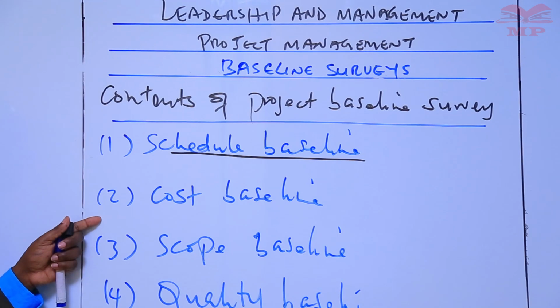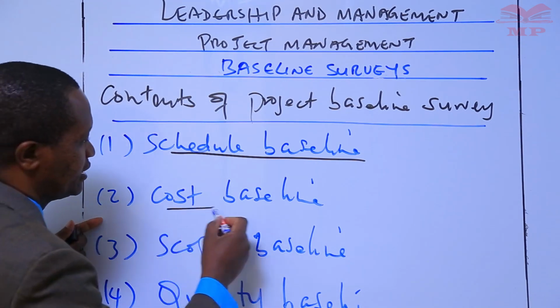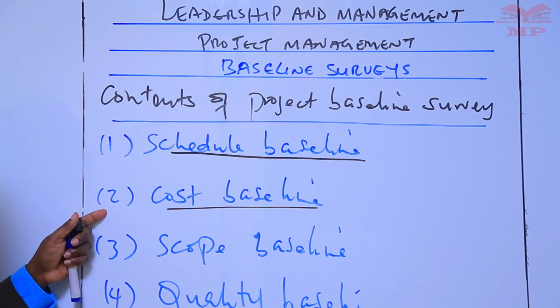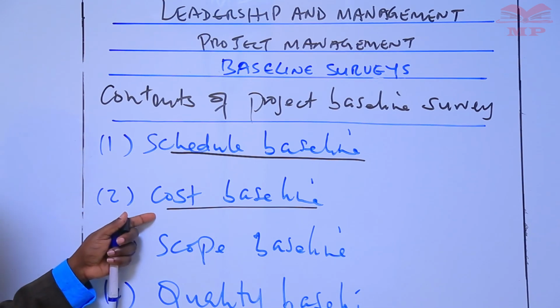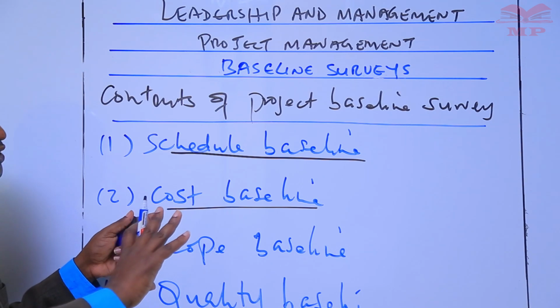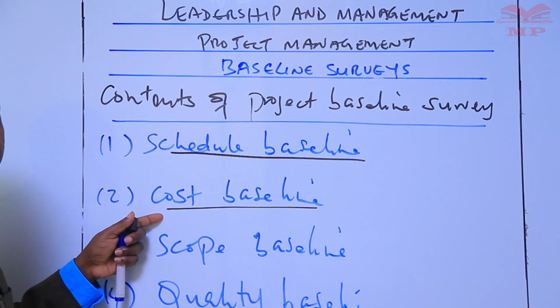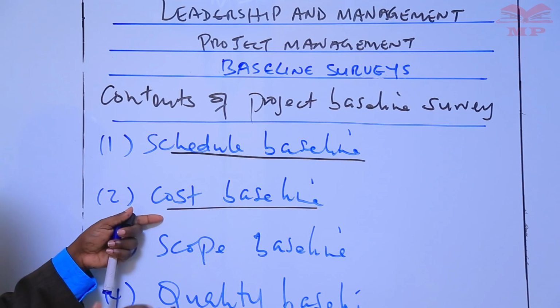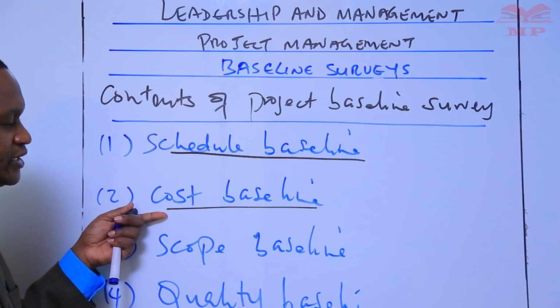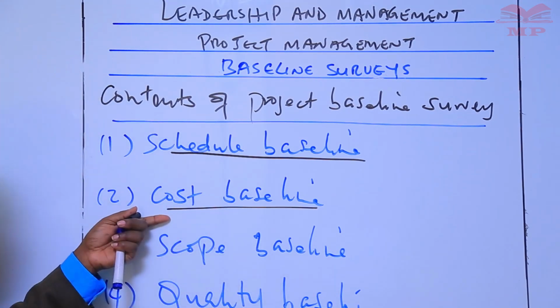Number 2, we have the cost baseline. Now, the cost baseline is the basis for earned value reporting system. And it is upon the cost baseline, which is subsequently converted into a project budget, that can now be used to measure actual performance against the cost baseline.